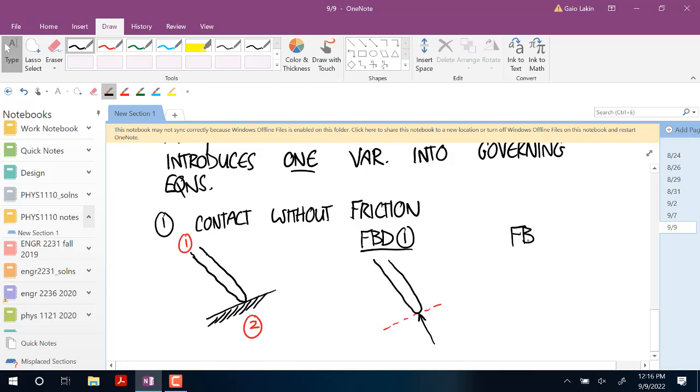And a free body diagram of body 2, so say we consider breaking off a chunk of that, whatever it is, the force would be opposite like that. And these two forces, I'll just give them the name R for reaction force. That's Newton's third law here, so those have to have the same magnitude.